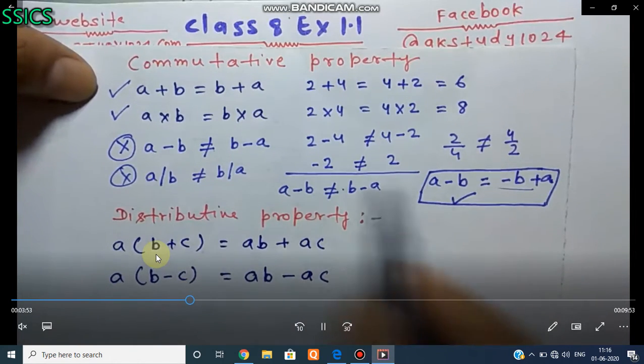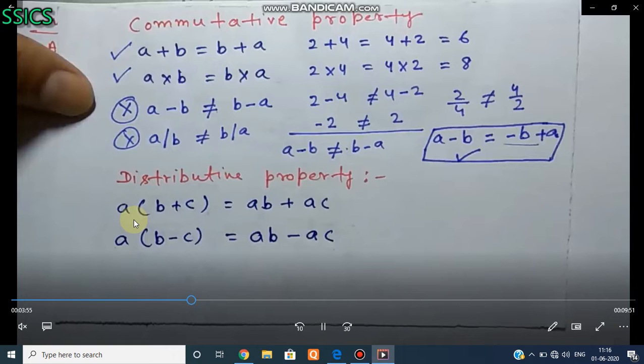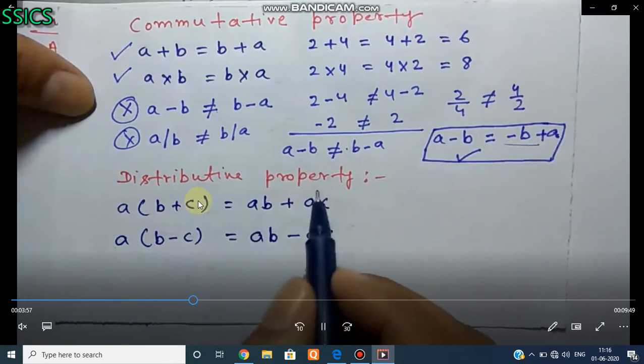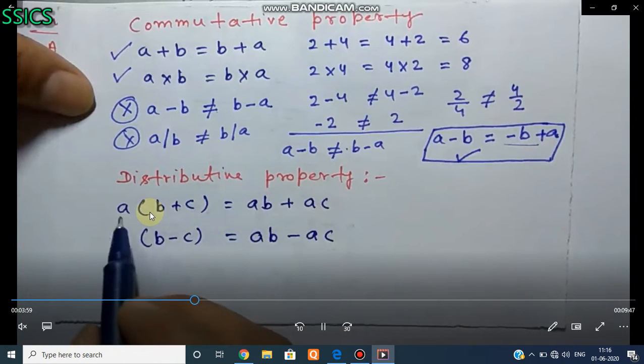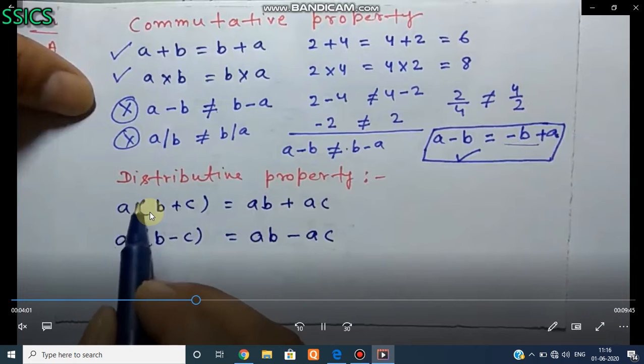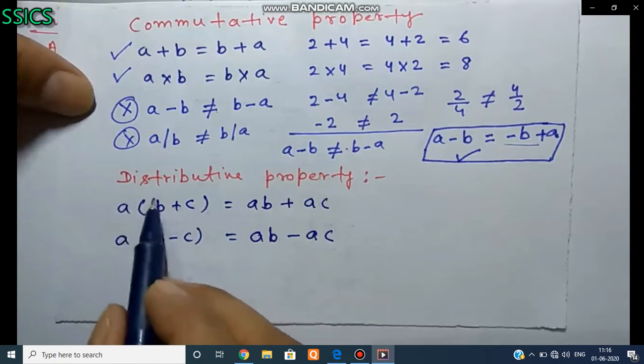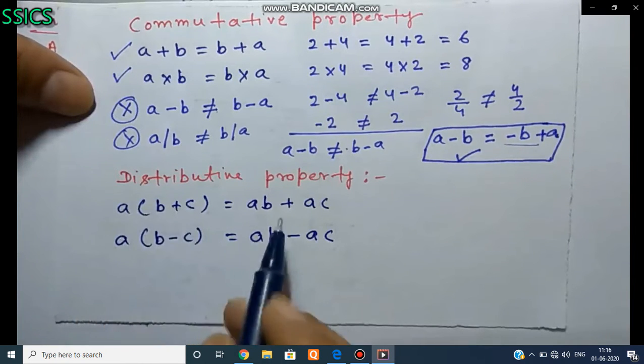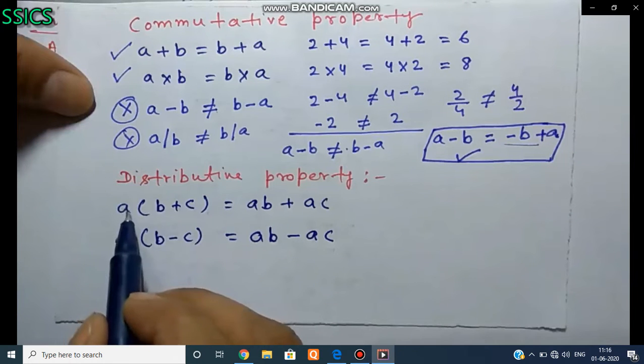Now we discuss the distributive property. The distributive property is a into b plus c is equal to ab plus ac.